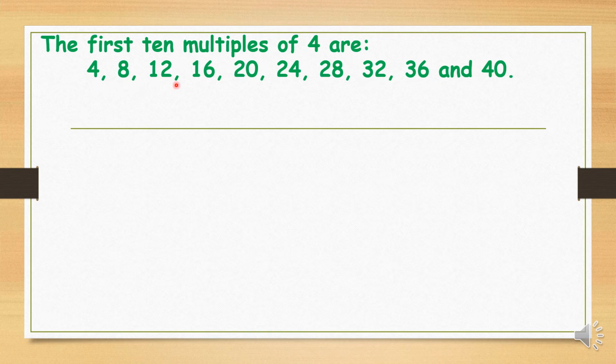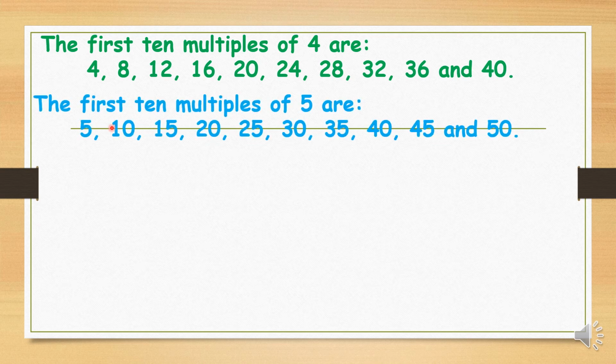All of these were obtained by multiplying 4 by the first 10 counting numbers. And so the first 10 multiples of 5, if we should do the same thing, are 5, 10, 15, 20, 25, 30, 35, 40, 45, and 50.